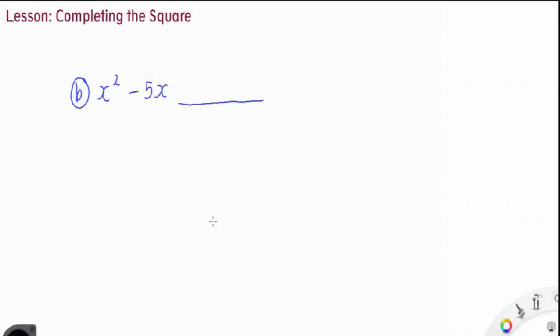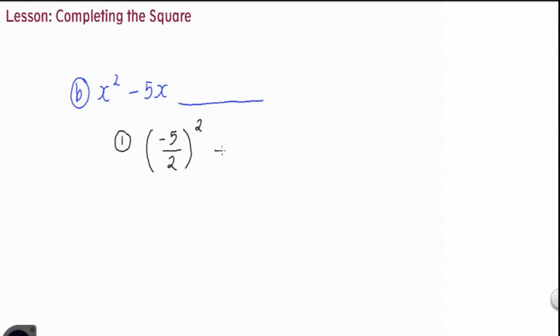Try another example. We have x squared minus 5x, and then we have this blank. Okay? The first step is to get the third term. Then we have the second leading coefficient, which is negative 5. So we have negative 5 over 2 raised to 2. Okay?